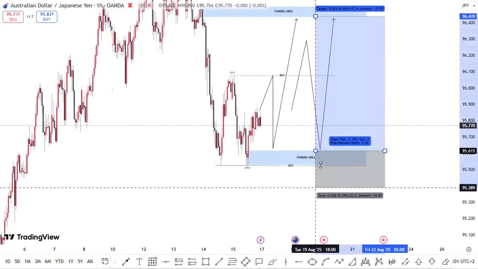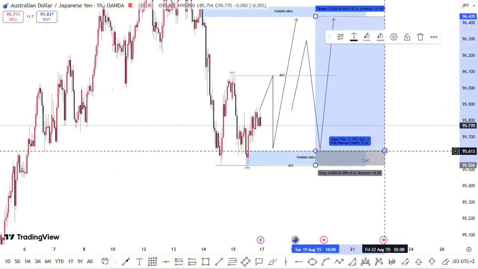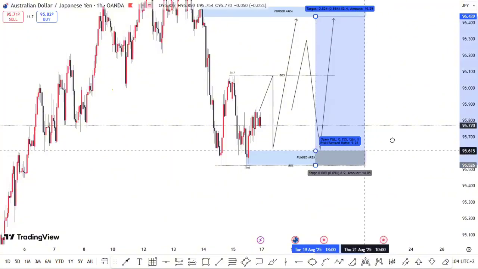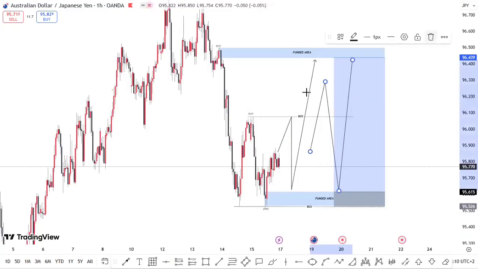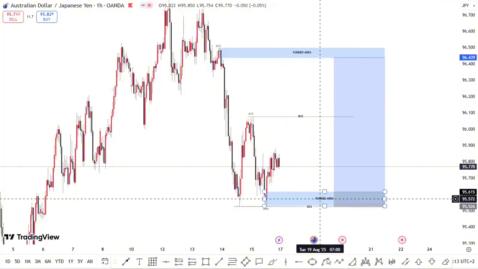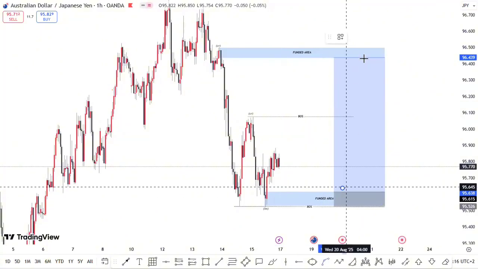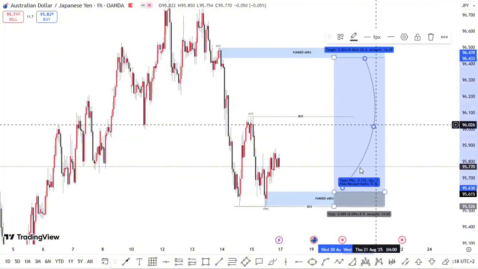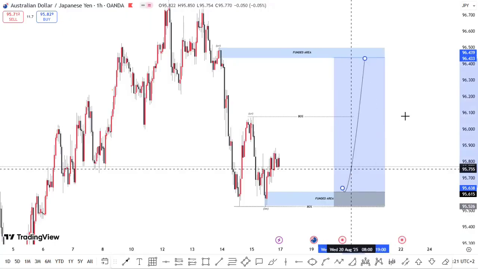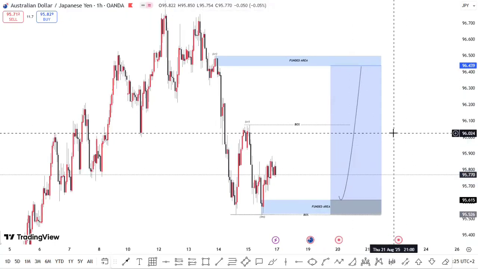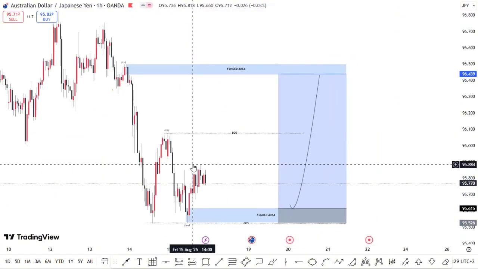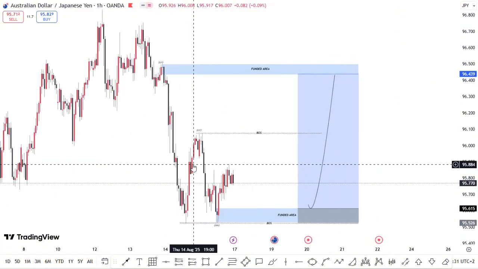So market might do that either way. In those two ways that I have plotted and shown you, it might retest back to my break of structure, then bounce back to my funded area, then bounce back to the upside. So due to those, I will be waiting for market to come here to retest my funded area that I have on the lower side here.